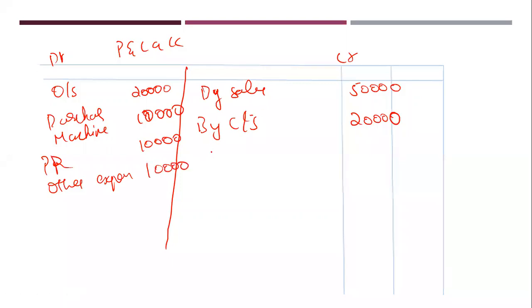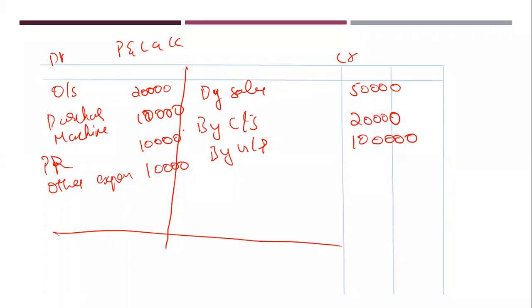And we will have by gross profit, for an example, 1 lakh. Now you calculate the total: 50,000, 20,000, 1 lakh, 1 lakh 70,000. So what will be your net profit? 1 lakh 20,000. Very good. So this is how your profit and loss account will look.